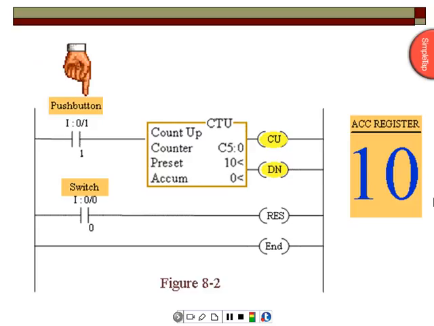When I hit 10, the done flag activates, so whatever I've told it to do at that point, it will do. I may tell a robot now to come over and pick up this stuff and move it to here.